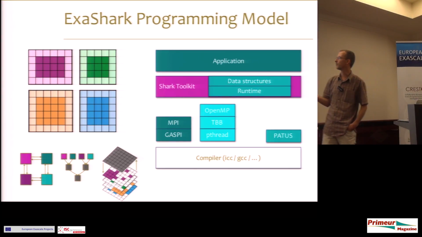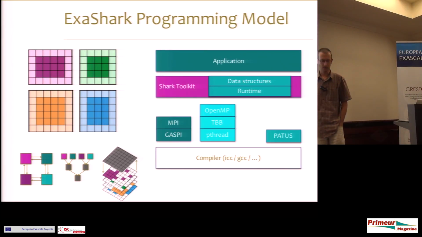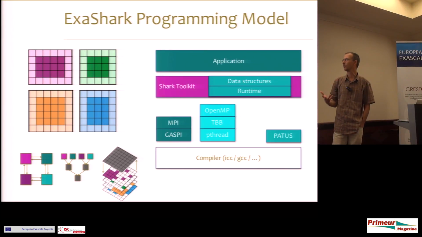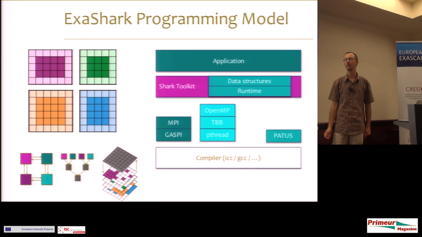But what I was talking about before, interoperability between GASPI and MPI. Actually, in Shark, some things are easy to do and give you good scaling in GASPI because of the asynchronicity, but some things are much easier to do in MPI because MPI has a much wider range of functions.